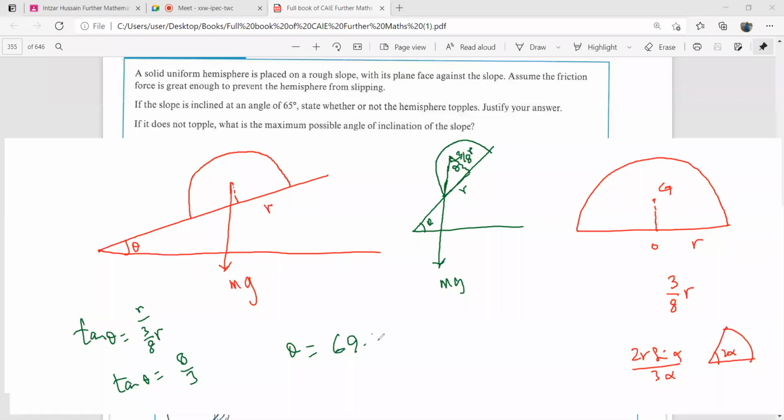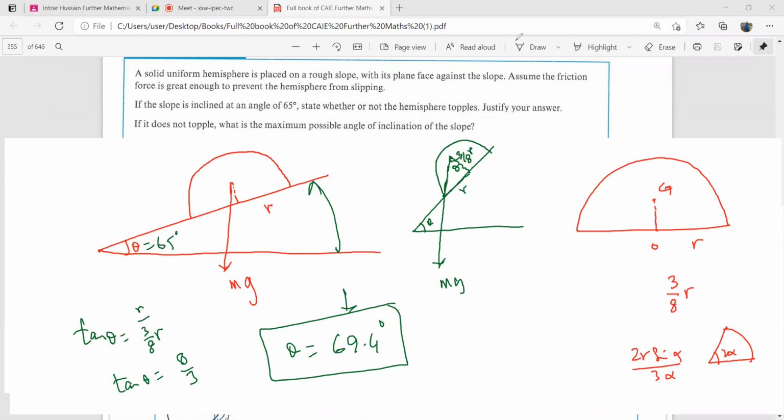This is 69.4 degrees. So if you have rotated this up to an angle of 65 degrees, would it topple or not? It will not, and it will topple when you reach this angle.